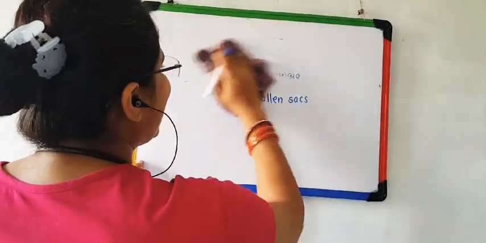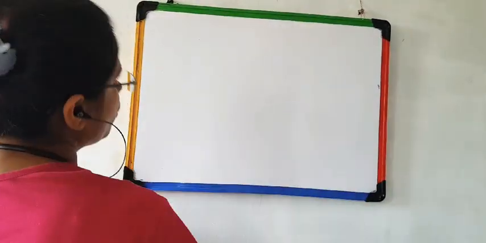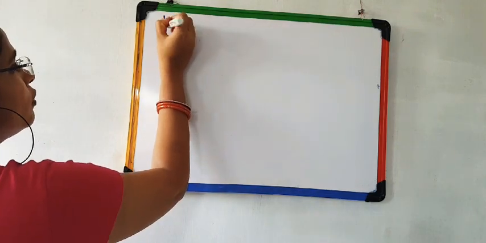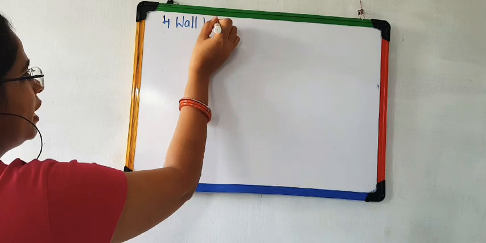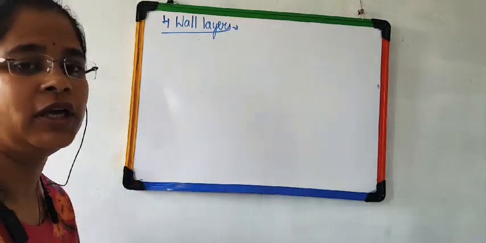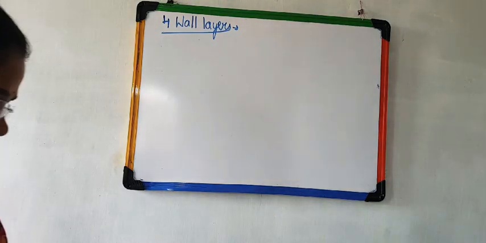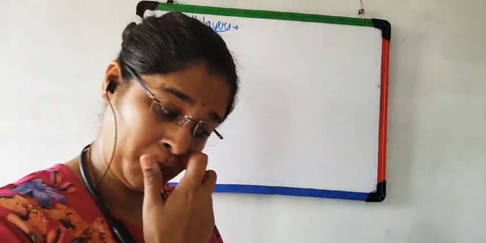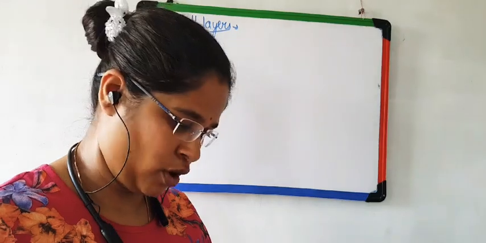Now, this anther is surrounded and protected by 4 wall layers. And here I want you to go through the diagram in your NCERT books. The diagram in your NCERT book is 2.2, a typical stamen you can see. Anther is given, filament or the stalk is given.